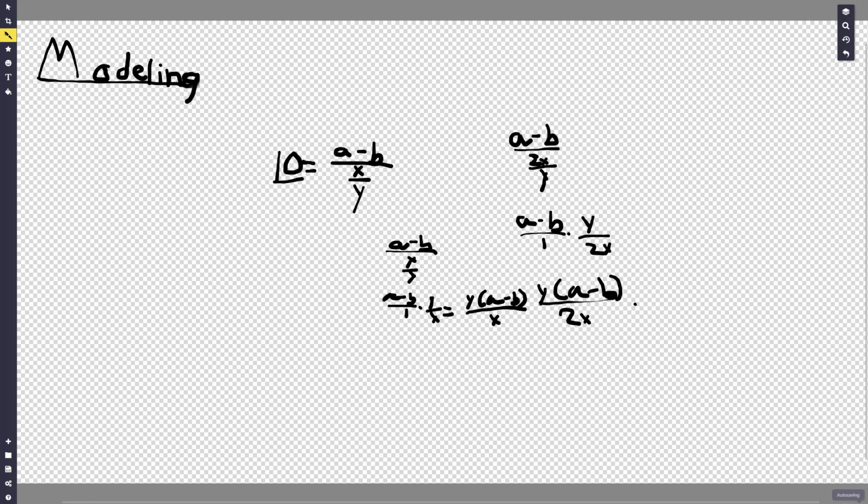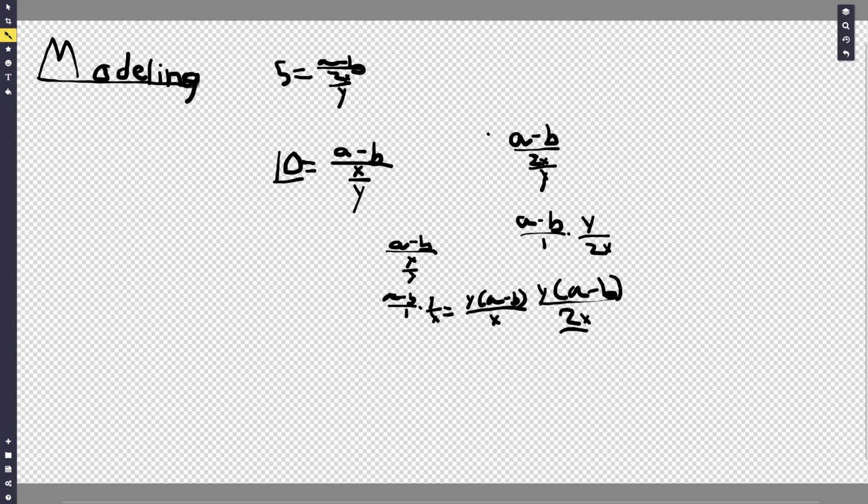And so the numerators are the same, but the denominator of this one is twice as big. So we can say that it's going to be half as much. So when we multiply x by 2, so when it's 2x, it is equal to 5. So 5 is equal to a minus b divided by 2x divided by y.